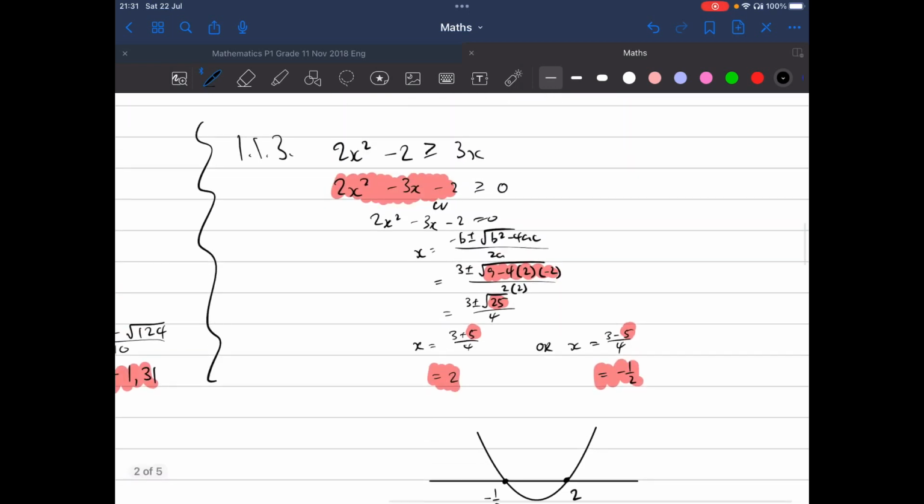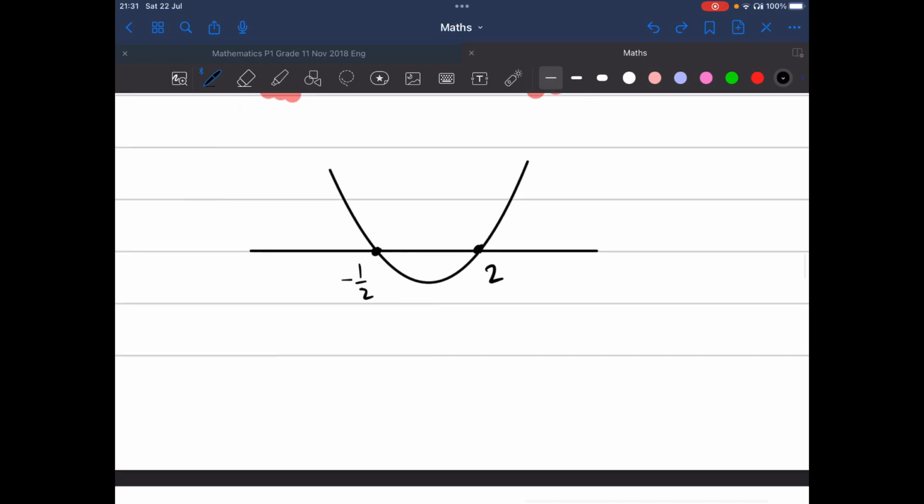Okay, and the question is asking for when this parabola is greater than or equal to 0. So this occurs at these values here. Right, because if you look at it, everything beyond this point, beyond the x-intercept this way, the parabola is greater than 0, and anything beyond this point, it's also greater than 0.